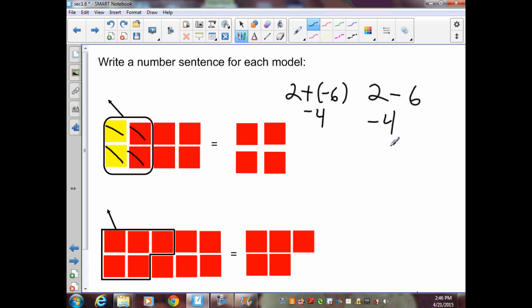Therefore, instead of 2 plus a negative 6, I can go 2 minus 6 and still achieve a negative 4 as a solution. On my next problem, I have 1, 2, 3, 4, 5, 6, 7, 8, 9, 10. I have negative 10 blocks. And I'm going to subtract out a negative 5 blocks.